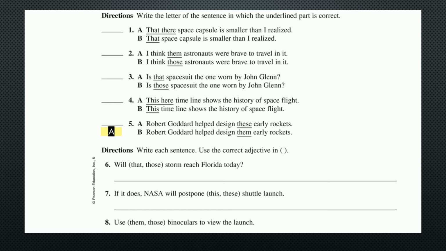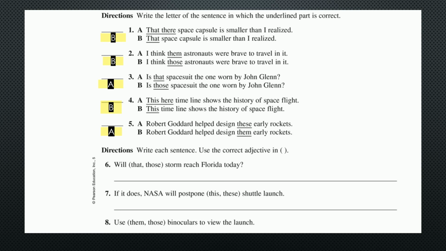Okay, so we have number 5 is A, number 4 B, number 3 A, number 2 B, and then number 1 B. Okay, good job done. That's great.